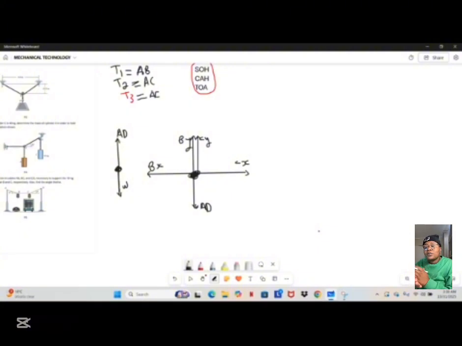Those trigonometric ratios are going to help us in solving this whole problem, right?